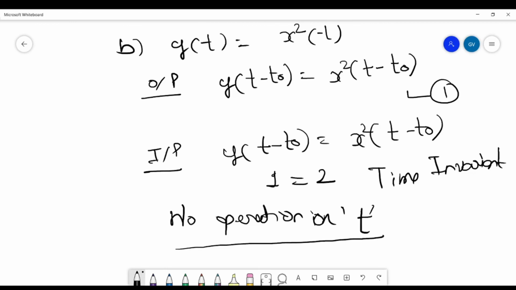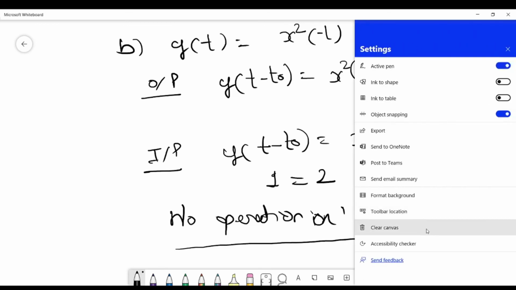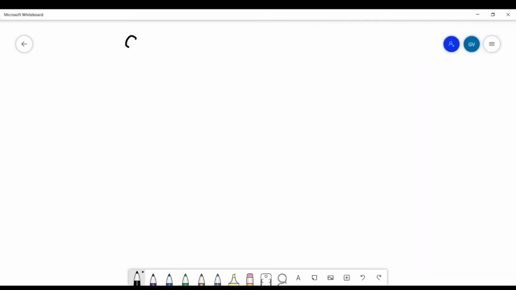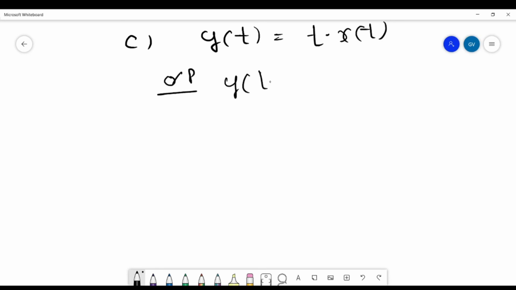Okay. Now let's take another example. Let's take y of t is equal to t times x of t. If I make a change in the output, I am following the basic steps only. I am not making it hectic.